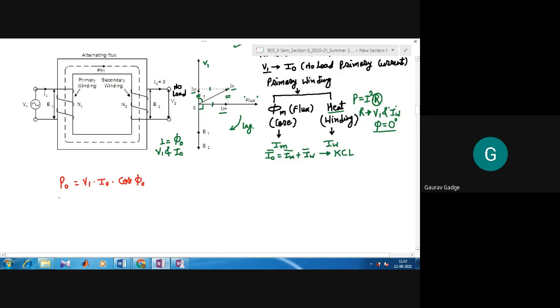Now I have to write the expression for Im and Iw. So can you tell me this particular phase angle? This red mark phase angle. Can anyone tell me how much is the value of this particular phase angle? The angle between Im and I naught.